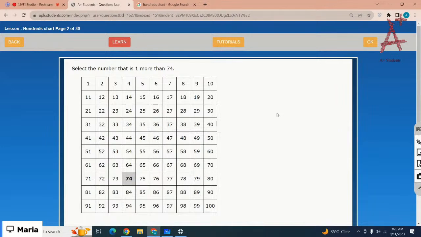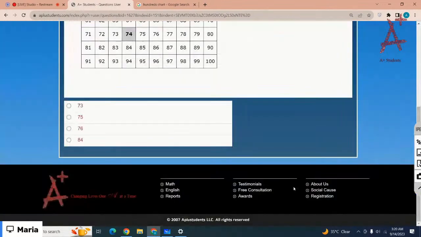One more than 74 means you have to move one block right, right? When you move one block right, you can see the highlighted one is 74. When you move one block right, it would be 75. The correct option is 75, right?